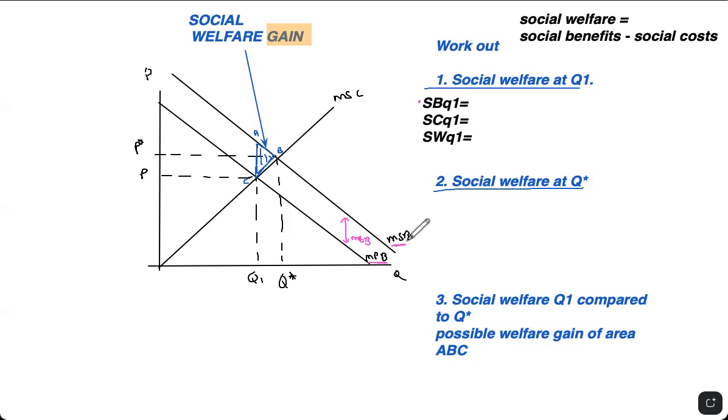So there are various ways to work this out, but one thing to note is that we want to work out total social benefits, but we don't have total social benefits. The best case that we have in this diagram is marginal social benefits.